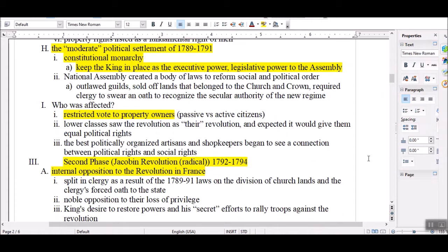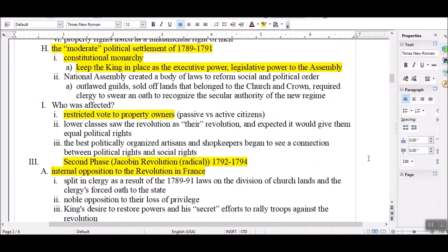So, who was affected? Well, they are going to restrict the vote to property owners, much like the United States has. At this time, there was this belief that if you owned property, then you were more likely to care what happened to your property.